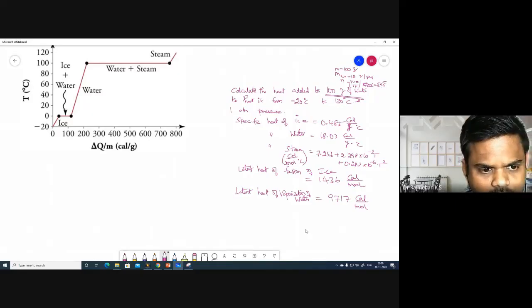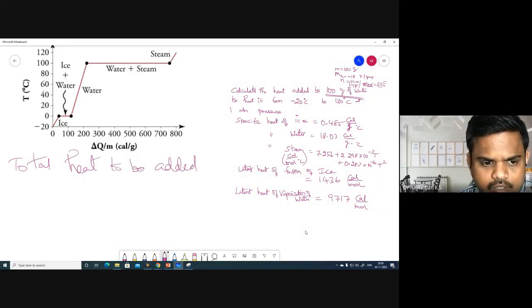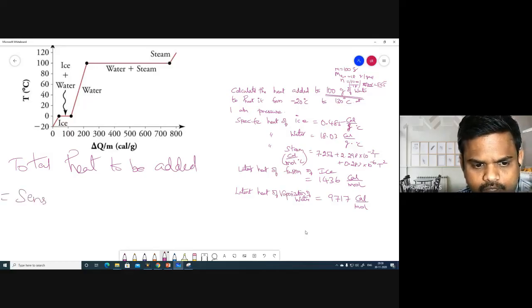The total heat to be added is, first, the sensible heat to bring the ice from -20 to 0 degree Celsius.